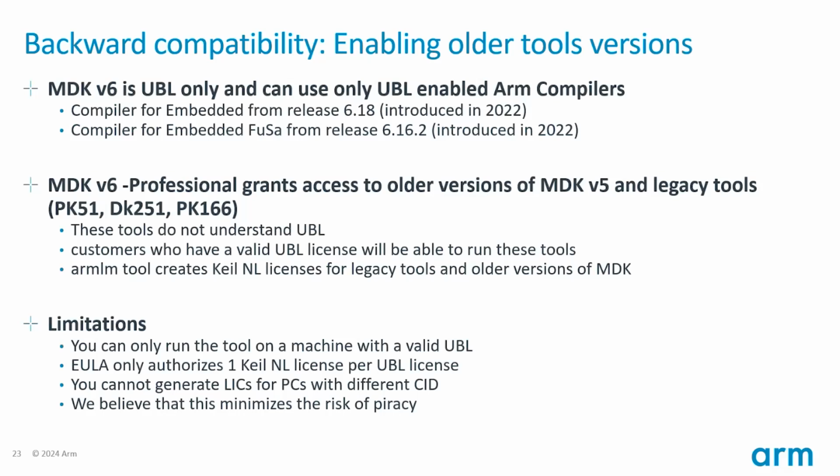Backward compatibility. So if you want to buy MDK version 6, how can you enable older tools? You need to be aware that UBL is only available since ARM compiler for embedded 6.18, which was released 2 years ago, or embedded FuSa also 2 years ago.